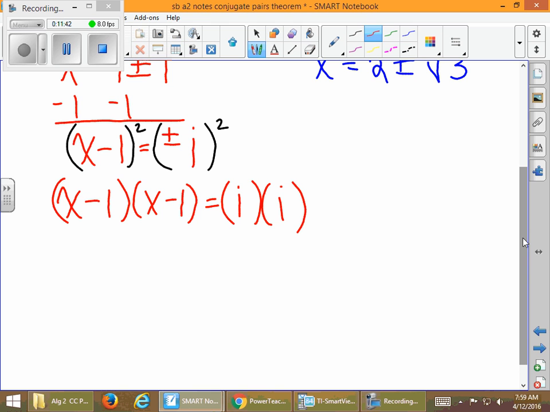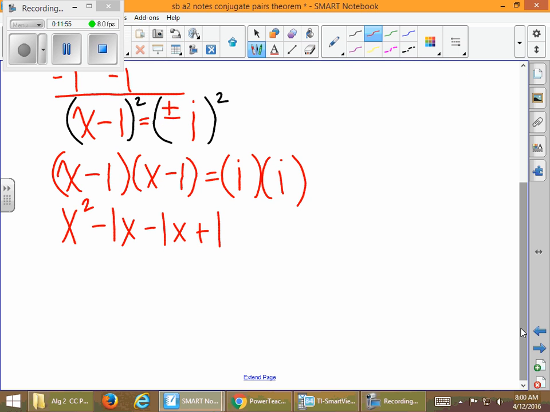And now we're going to FOIL. x squared minus 1x minus 1x plus 1. When we multiply those two binomials together, on the other side we have i times i, which is i squared. If we combine like terms, we have x squared minus 2x plus 1.